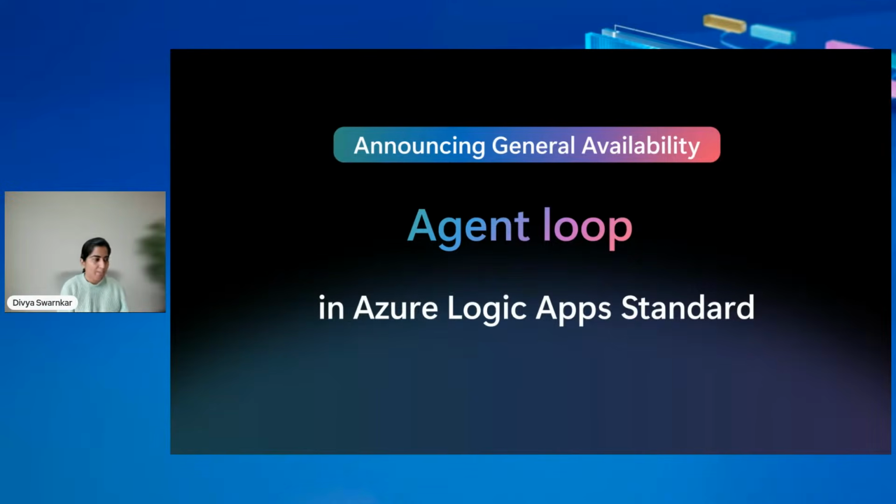So we are very happy to share that Agent Loop is in GA, which means that you can build autonomous workflows, autonomous agents, conversational agents, and take them into production with this GA support.